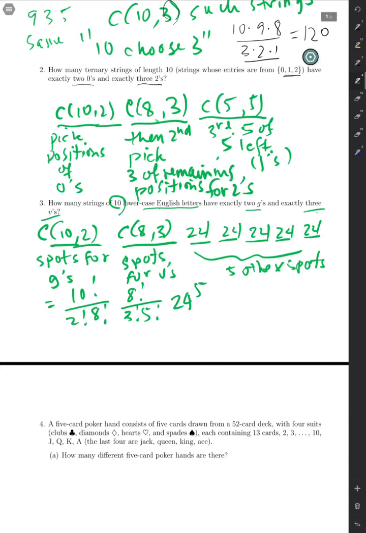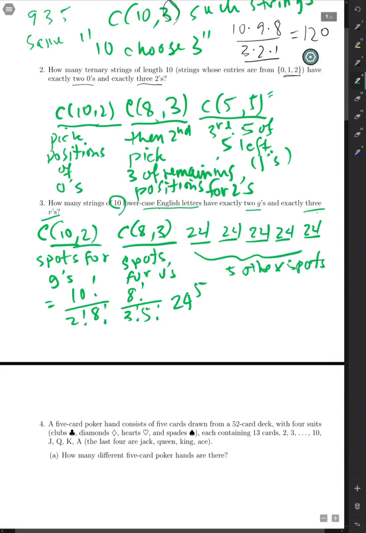If we wrote this in factorial notation, it'd be 10 factorial over 2 factorial 8 factorial, times 8 factorial over 3 factorial 5 factorial, times 5 factorial over 5 factorial 0 factorial. The 8's cancel, and so do the 5's, and that will always happen in such a problem, leaving us with 10 factorial over 2 factorial 3 factorial 5 factorial.